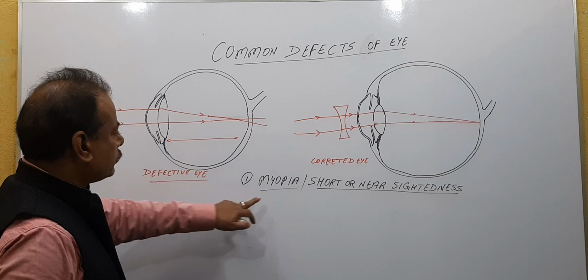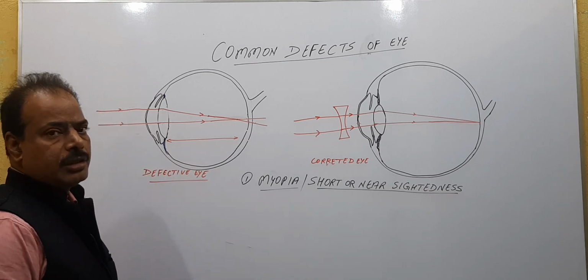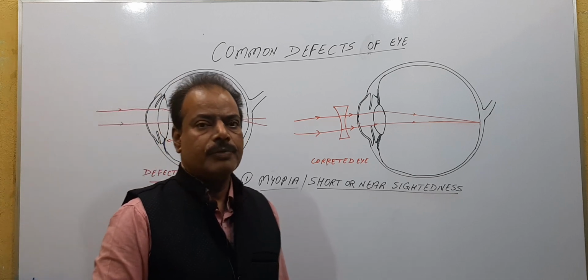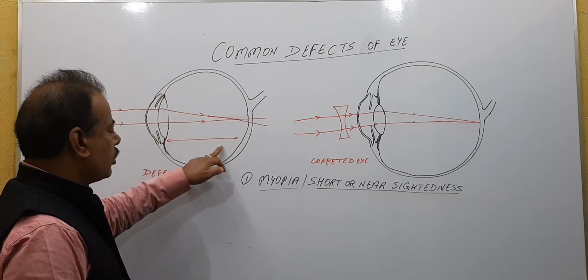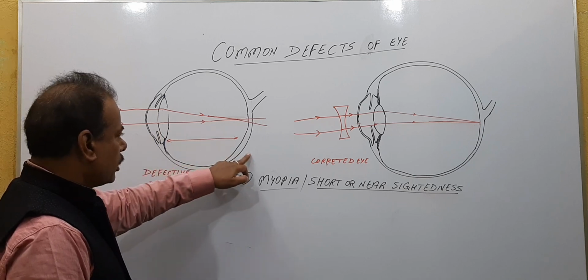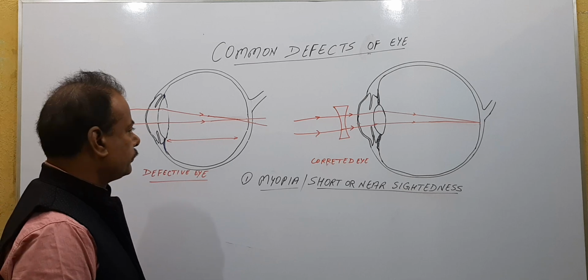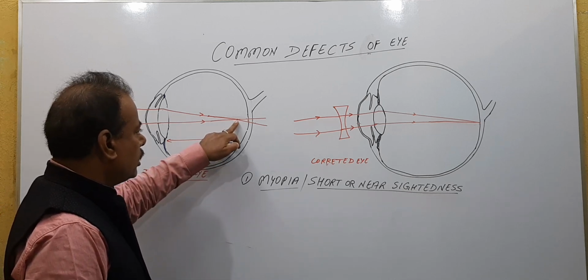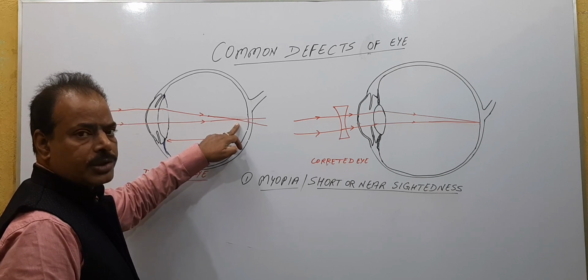Once again, myopia is a defect in which the person can see near objects but can't see far objects clearly. It is caused due to increase in the length of eyeball from front to back. And number two, the eye lens becomes more convex, so that before the retina, image formation takes place.